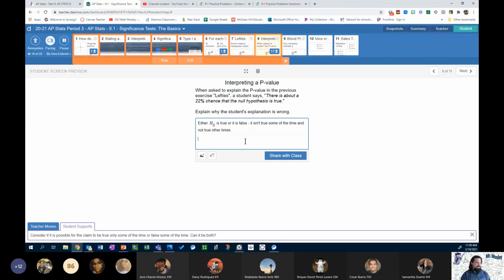So in this context, a correct thing to say in interpreting or explaining the p-value would be: assuming the true proportion of lefties is 12%, there is about a 22% chance of at least 16 students out of an SRS of 100 in school being left-handed. That's all of it.